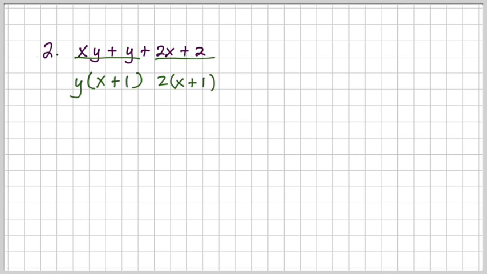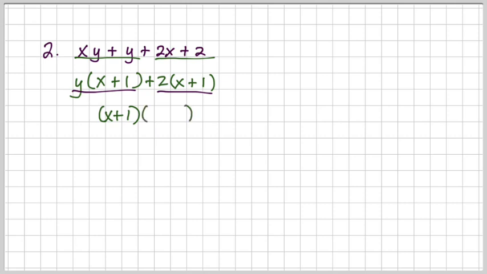Again, we've got to figure out what sign to put in the middle here. And it's got to be positive. Notice a positive 2 times x is the 2x here, and a positive 2 times 1 is the 2 here. And so you can see that it checks. You could always multiply and make sure what you get in this line is actually going to work. So now we can look at our two terms and see that x plus 1 is the common factor.